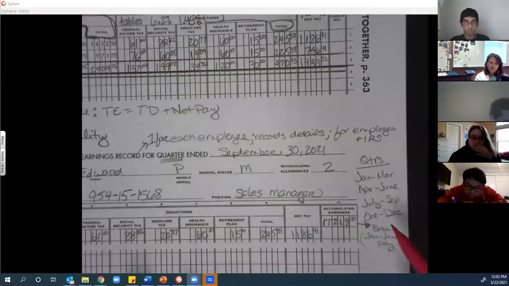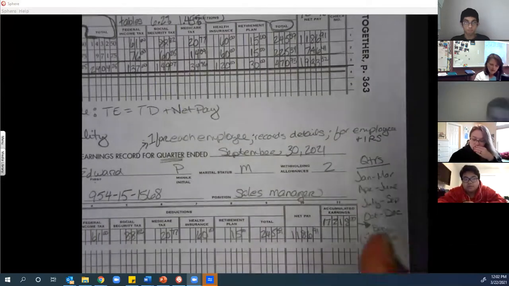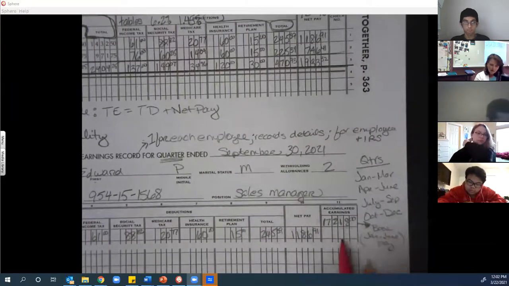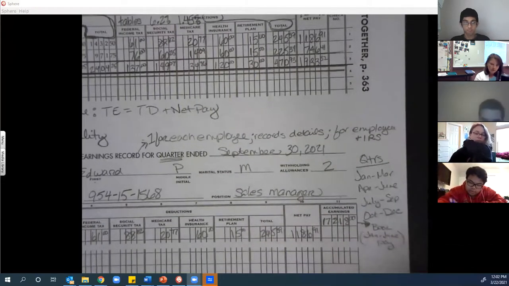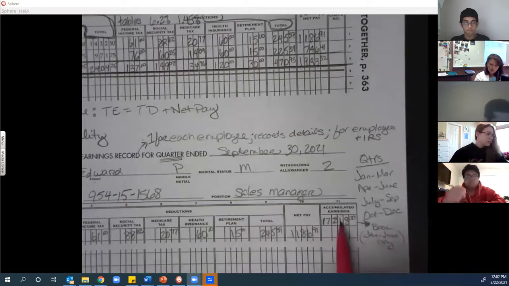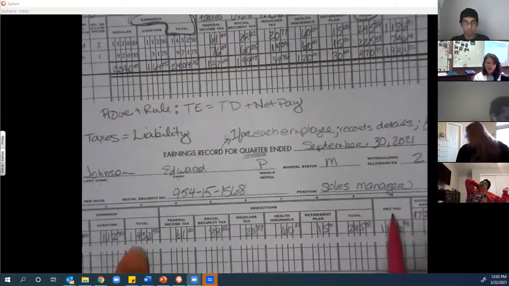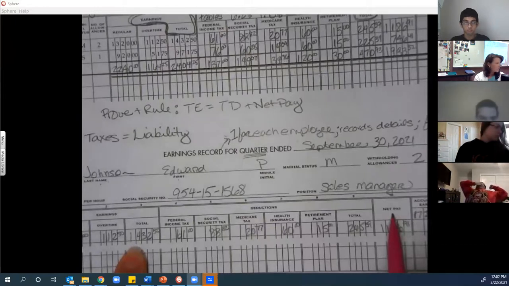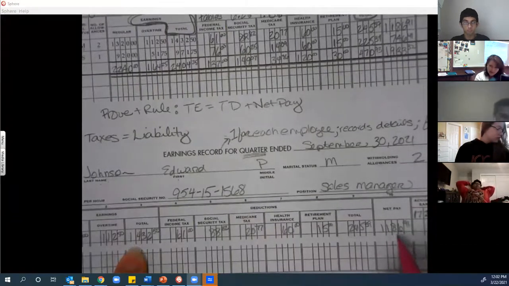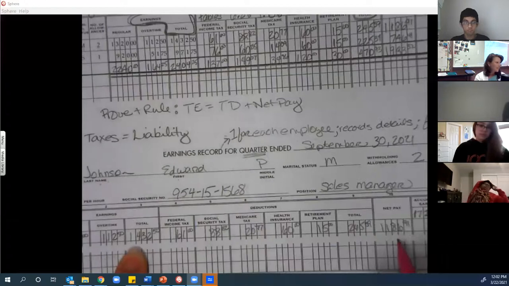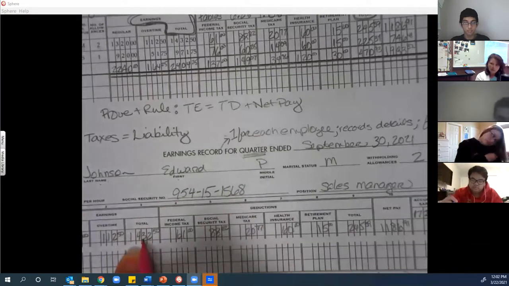This is where it gets confusing because of the layout. This was January through June, so now we're going to add the July 15th paycheck, but we cannot add net pay. We have to add total earnings. Because it's right there you want to add it, but you can't. Nobody cares about that except Edward. Everybody else cares about this.